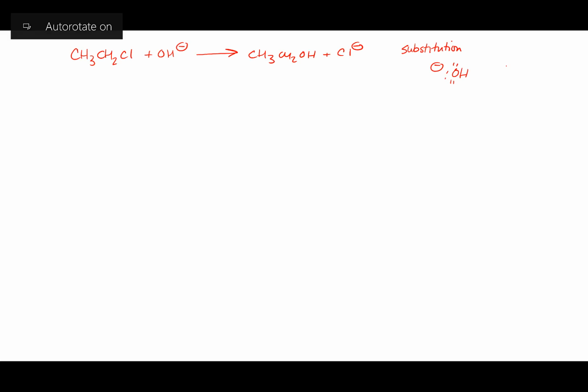Or if we have a chloride ion, which is also electron rich, the Lewis dot structure would have 8 electrons with a negative charge. These are called nucleophiles.